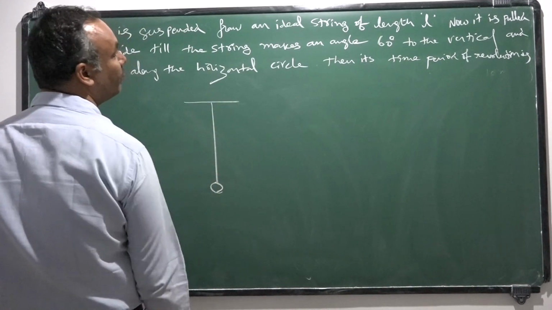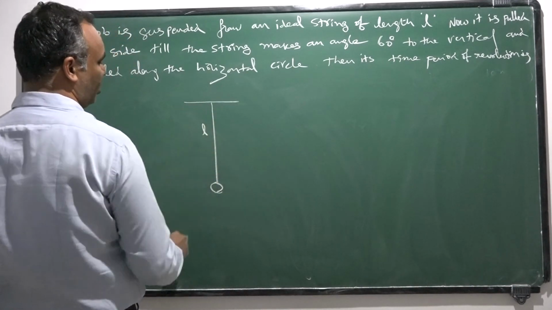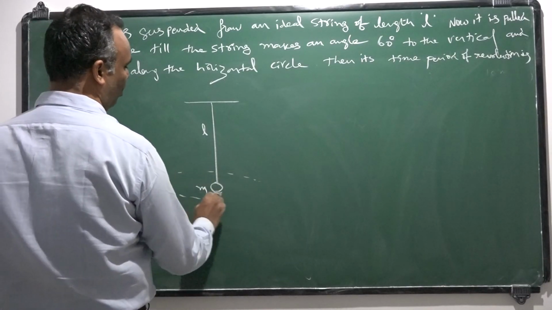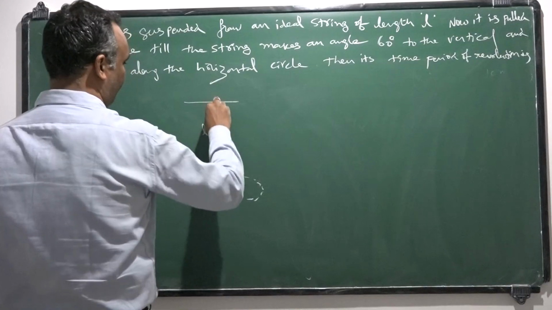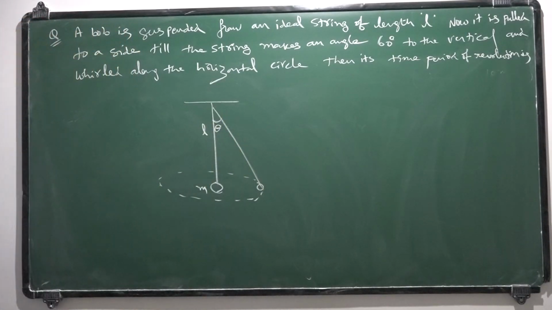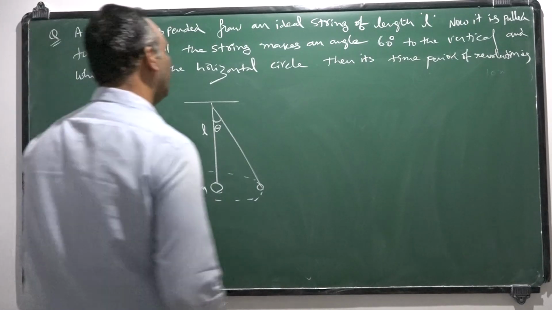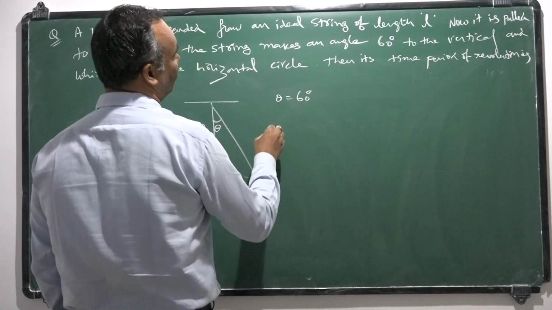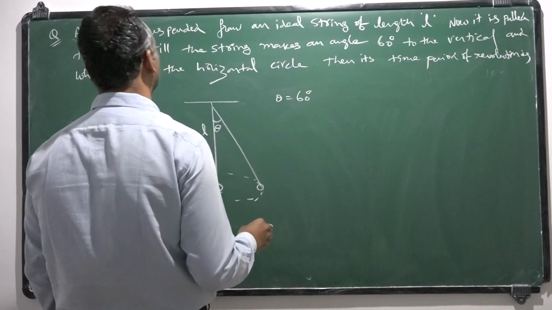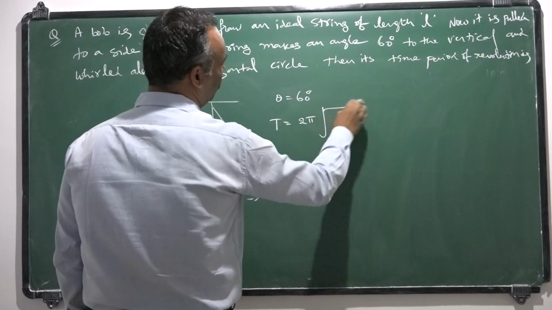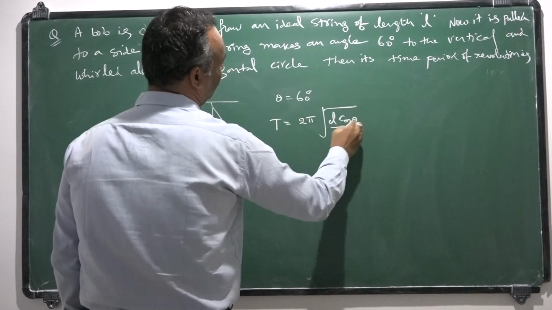So here is a bob suspended to a string of length L having mass m. It is whirled in the horizontal circle. Therefore, it is acting as a conical pendulum. Here the theta value they gave is 60 degrees. In case of a conical pendulum, the time period is 2 pi root L cos theta by g.